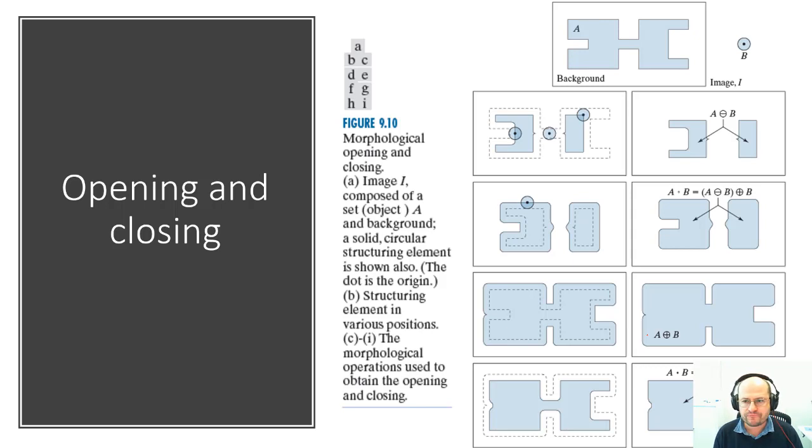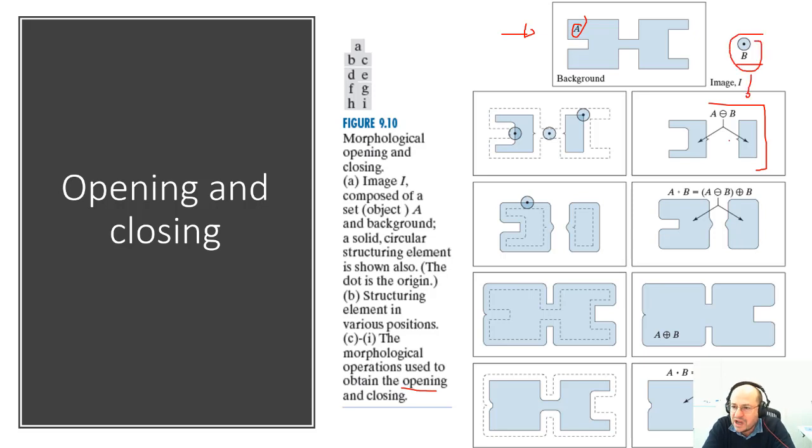Now, let's see more examples of opening and closing. Let's start from this figure. This is the original figure. This is the structuring element. Now, if you're going to use opening, the first thing I do on this image is pass this structuring element and erode it. So this is the result of erosion of A by B. I end up here.